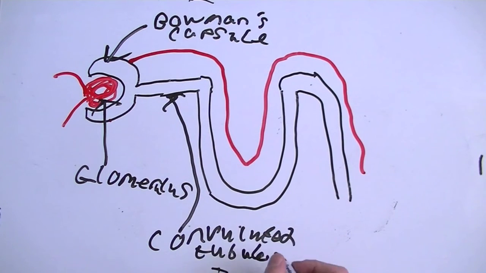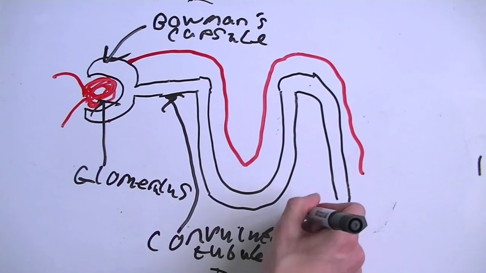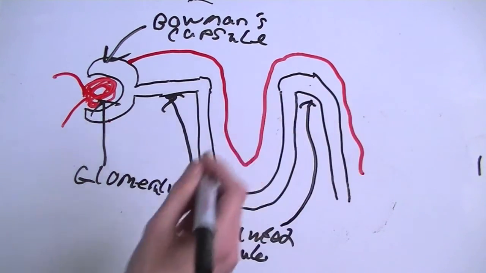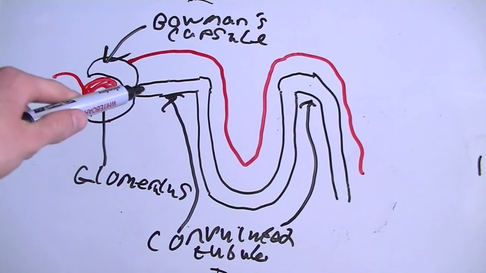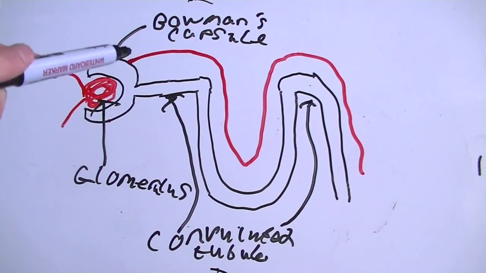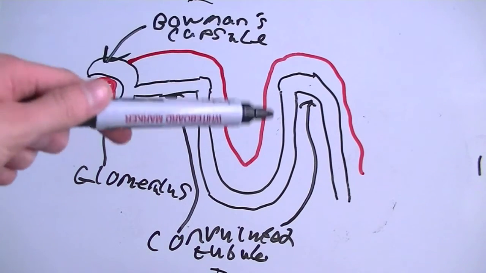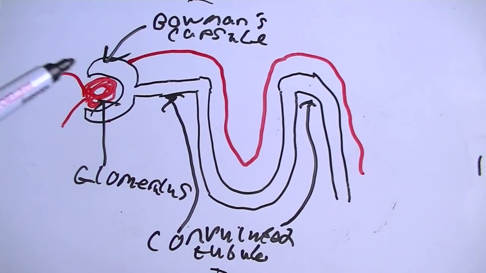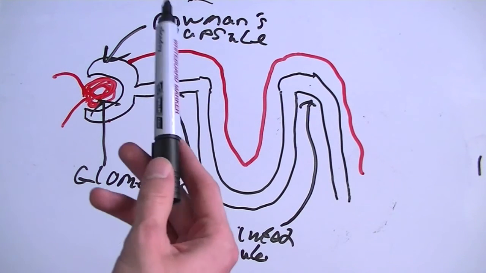Convoluted tubule, okay? So there's one there, and there's also one here, okay? This one here is called the proximal, and just remember that because proxy first, and this one here is called the distal. Just remember that distance, okay? So it's further away. So it goes through the proximal convoluted tubule first, okay?